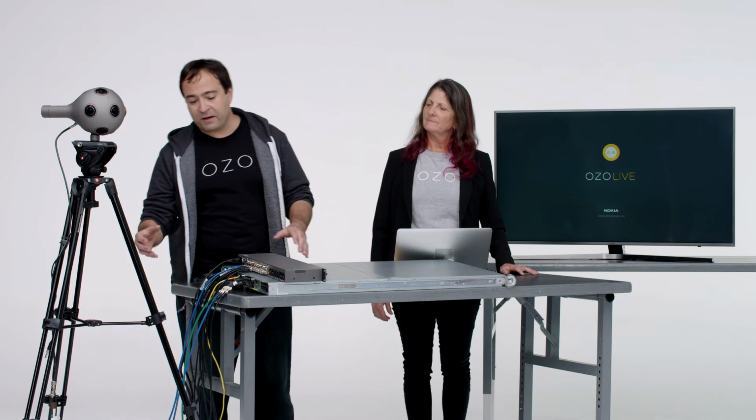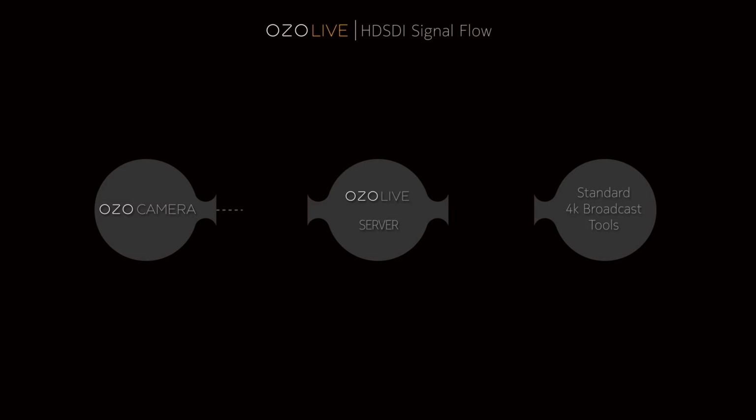Now, the way that actually works in the signal flow is that single HD SDI cable comes into the back of your OZO Live server, and then what comes out of OZO Live is quad-link HD SDI. And at that point, you're in a standard 4K video production.